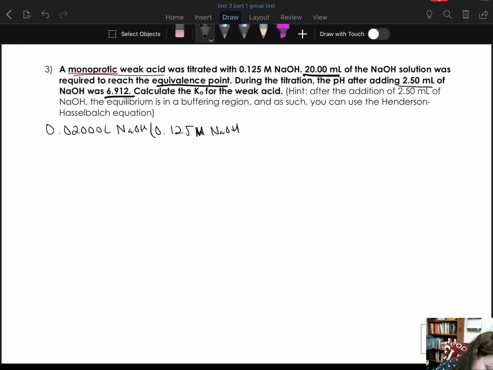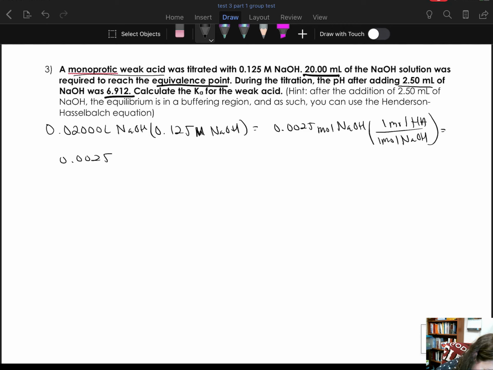So from this information, we figure out that we have 0.0025 moles of NaOH, and because it's a monoprotic acid, for every 1 mole of NaOH, we have 1 mole of our weak acid, giving us 0.0025 moles of HA. So now we've determined the number of moles of our weak acid.